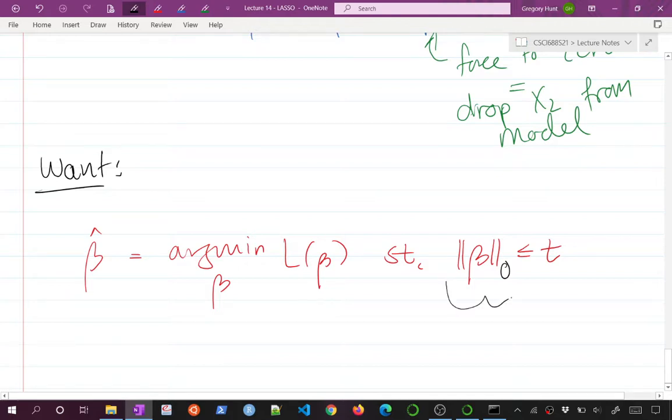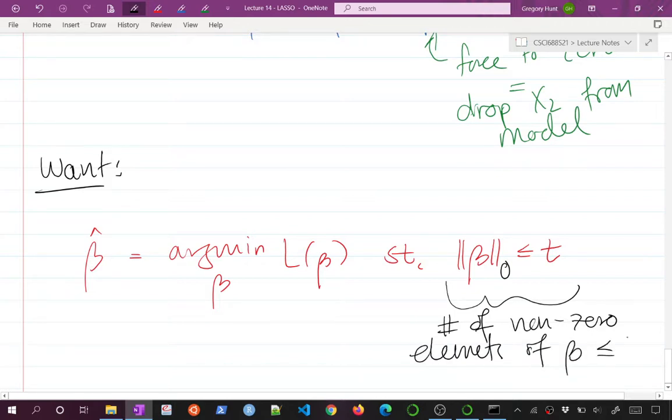What would this mean? This would be that the number of non-zero elements of beta is less than or equal to t. So if t were 5, I would minimize my loss subject to the number of non-zero elements being less than or equal to 5, for example.